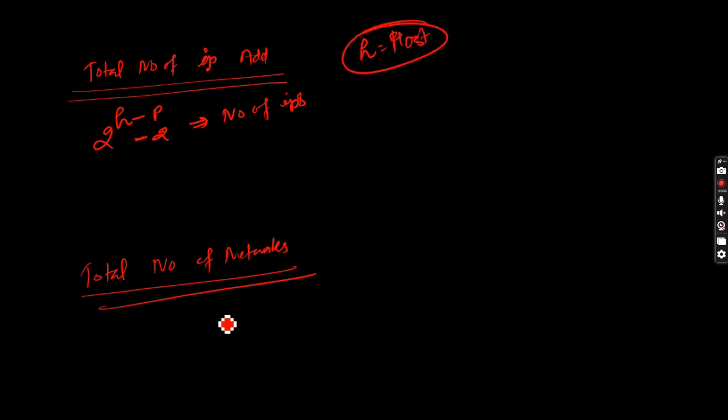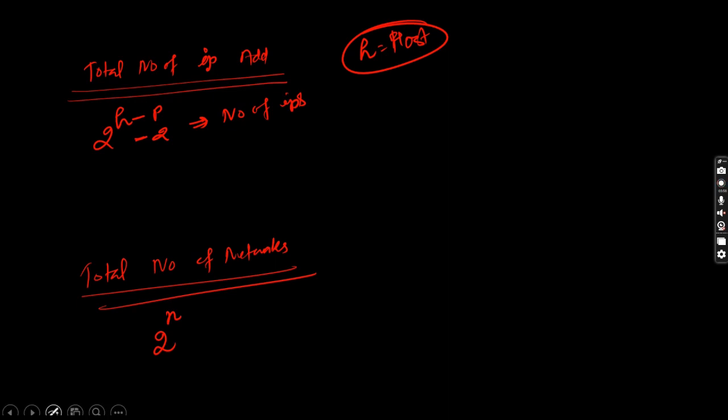It's all about 2 power h minus priority bit, and then minus 2 is equal to the number of IPs. Here h is equal to host bits. When it comes to network, it is all about 2 power n.